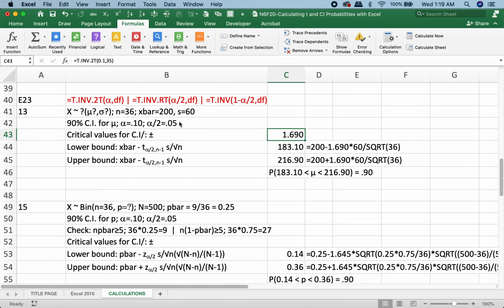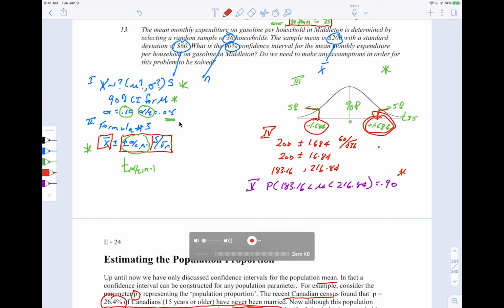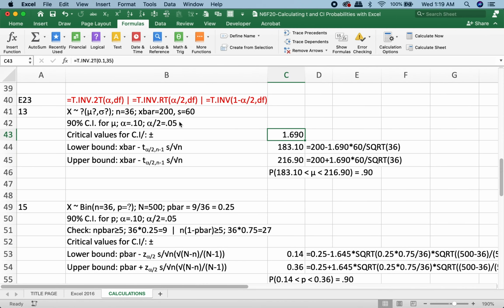That was the same thing that we had back over here, 1.684. Remember this one here, I said that we had to interpolate, or go to 40 degrees of freedom because there wasn't a 35. So it's pretty close, but this is the actual number right here. Okay, so that's what we would use here.